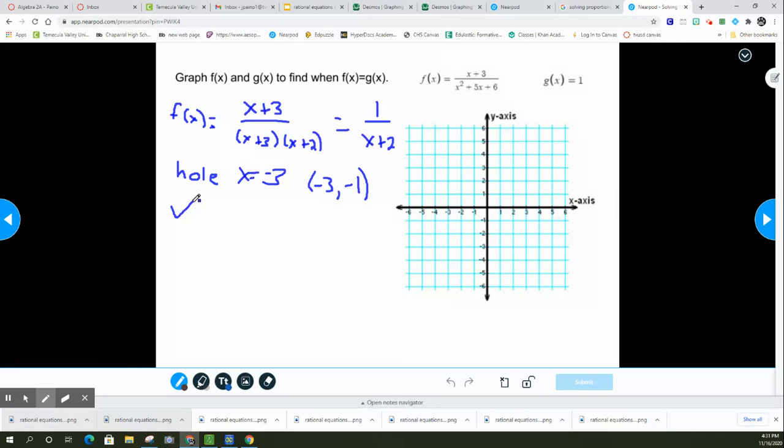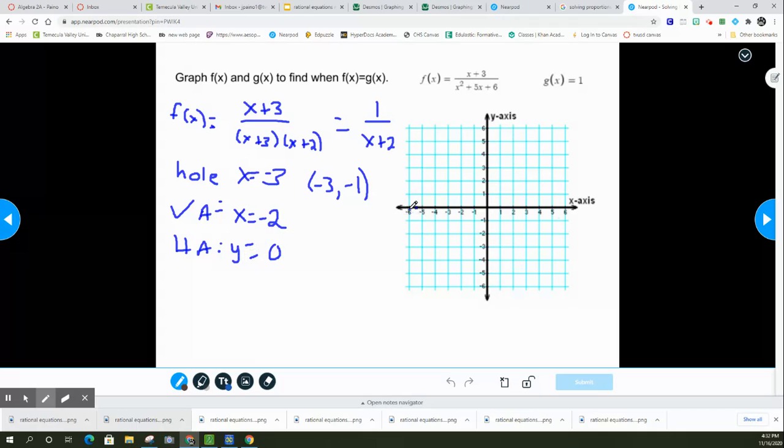I'm going to have a vertical asymptote at negative 2, whatever makes the bottom 0. The vertical asymptote is at x equals negative 2. Since my exponent is larger on the bottom, I'm going to have a horizontal asymptote at 0, so at y equals 0.